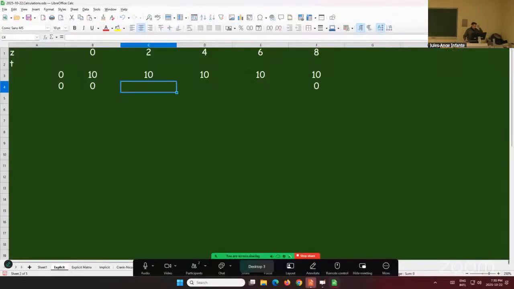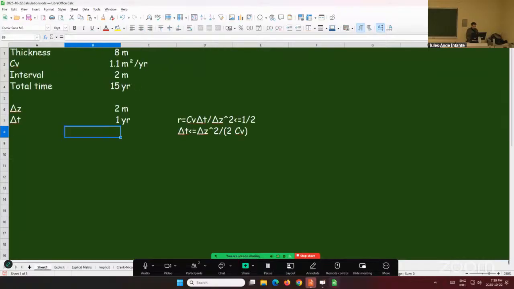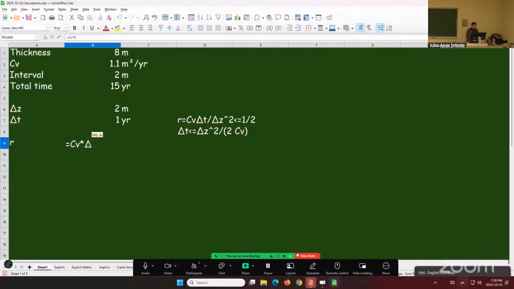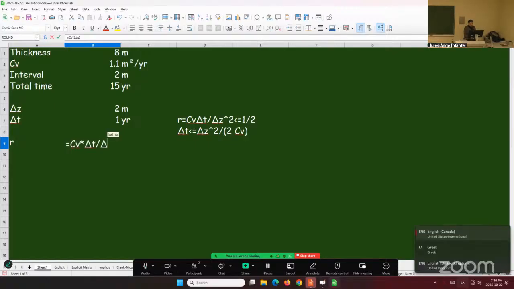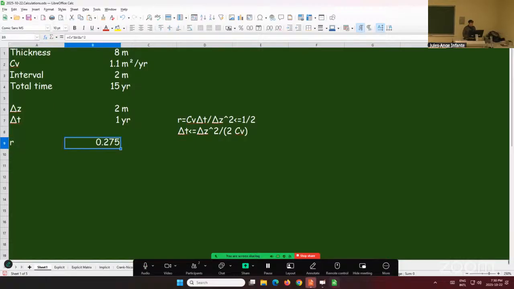So here, let's call this R. And R is equal to C_v times delta t divided by delta z squared. R is equal to 0.375.